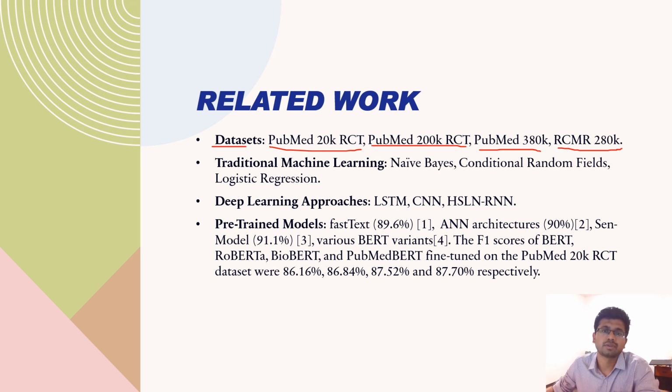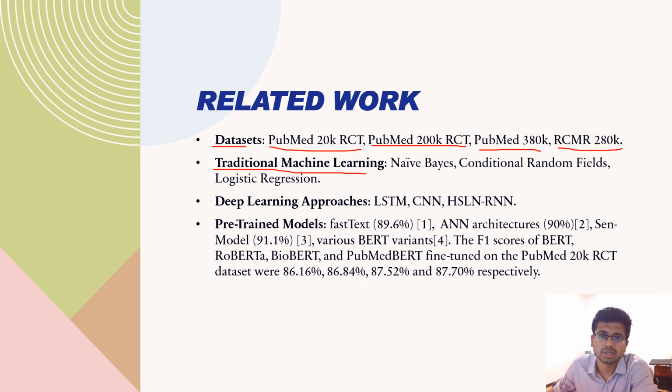Let's dive into the methods that researchers have used for move recognition. Numerous noteworthy research articles have been published in this field. Traditional machine learning approaches like naive Bayes, conditional random field, and logistic regression were used previously and gave good results.